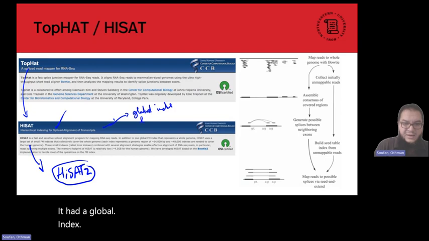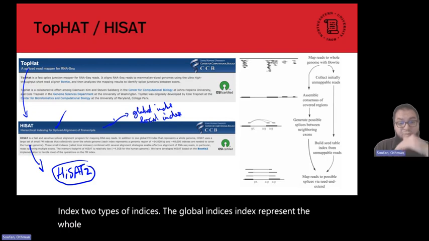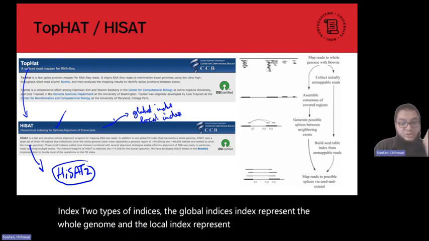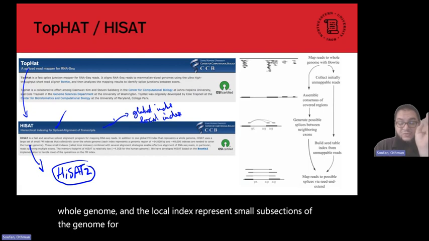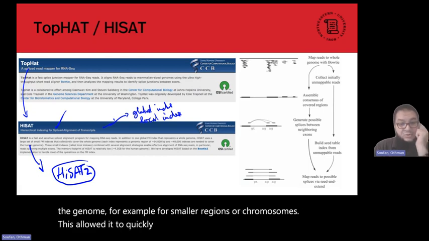Two types of indices. The global index represents the whole genome, and the local index represents small subsections of the genome, for example, smaller regions or chromosomes. This allowed it to quickly align reads, especially across splice junctions.